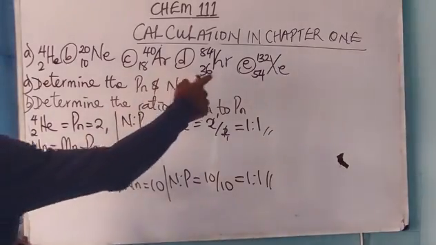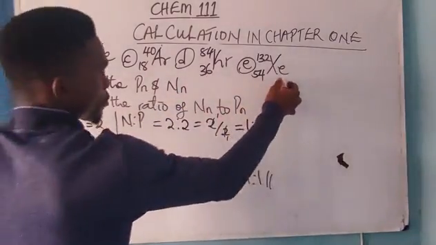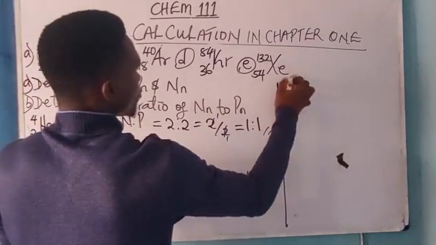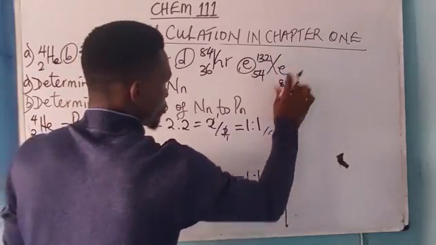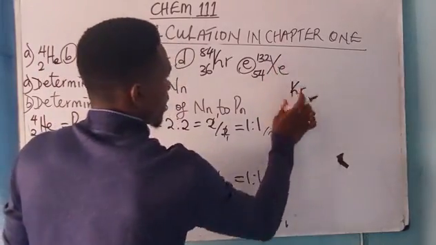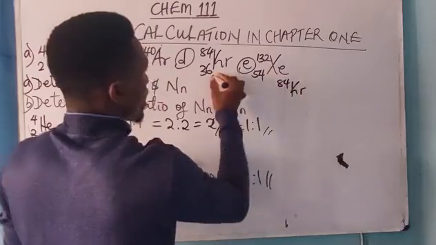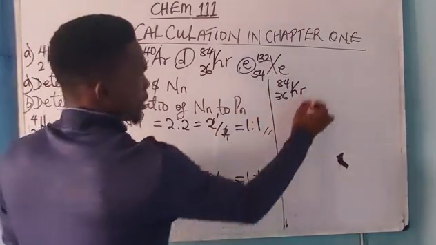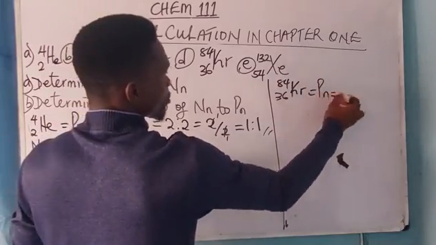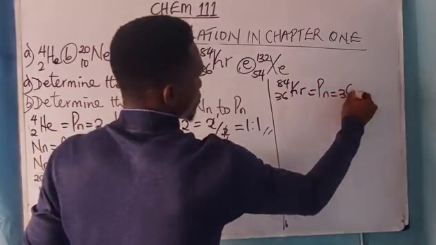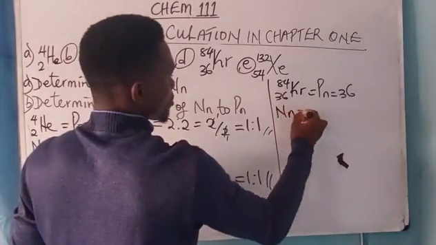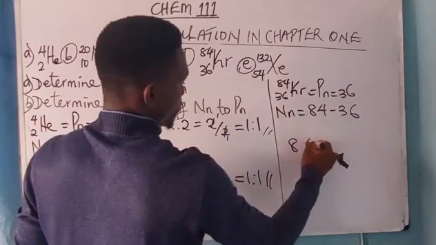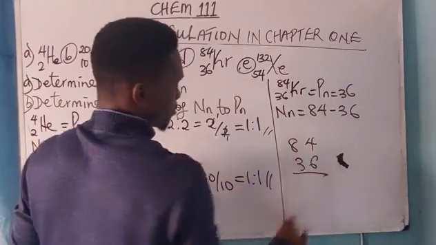Let me solve for krypton. Krypton is Kr, I have 84 and 36. Is that not correct? So now the proton number, of course, is 36. All right. The neutron number is 84 minus 36.